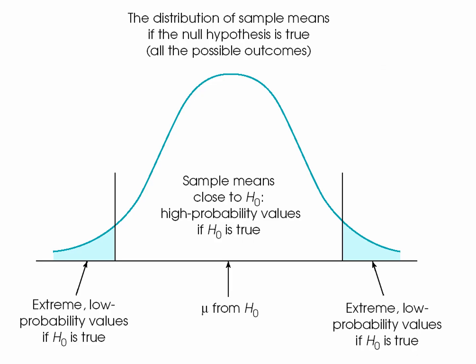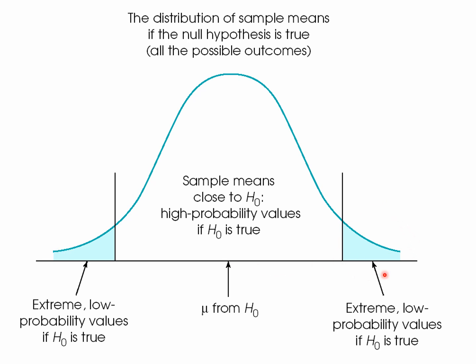So to put the words to images, these critical regions look like outlier areas of the distribution, because if the null hypothesis is true, it's very unlikely that our sample mean that had the treatment, compared to the population that didn't have the treatment, would end up on an extreme end if the treatment didn't really have an effect.